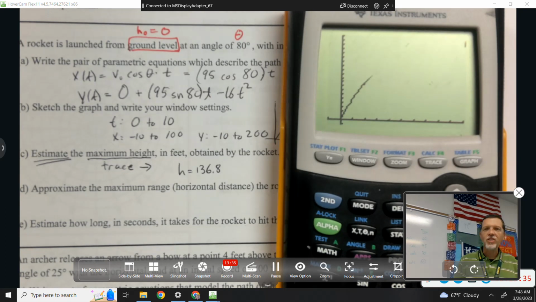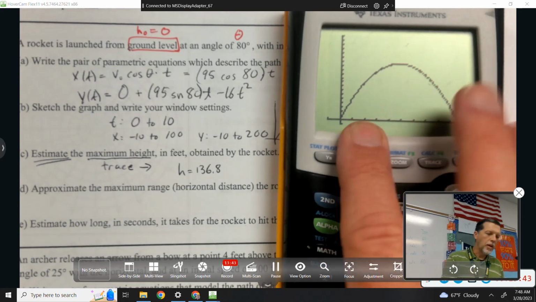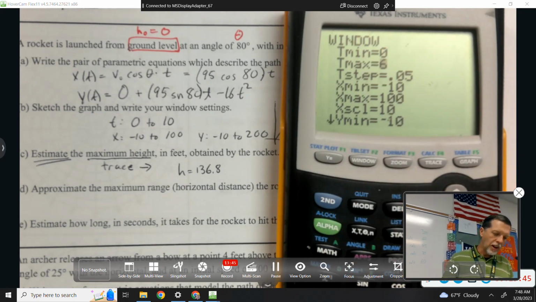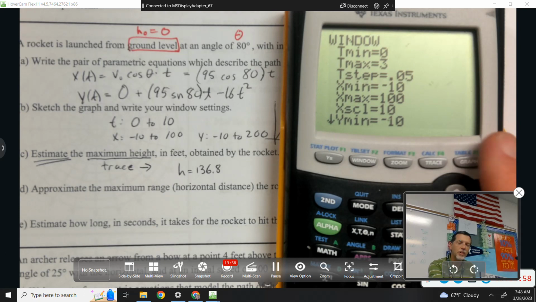If I just go to 6, that's probably far enough. So that was better. By the way, if you don't take your t far enough, so let's say we only went to 3, do you know what's going to happen to my graph? If I only go to 3 seconds, it's only going to graph the first 3 seconds.